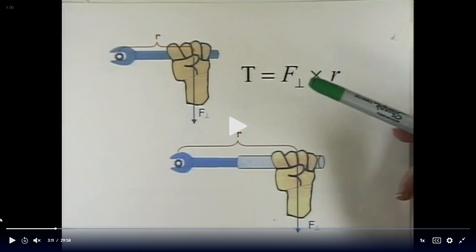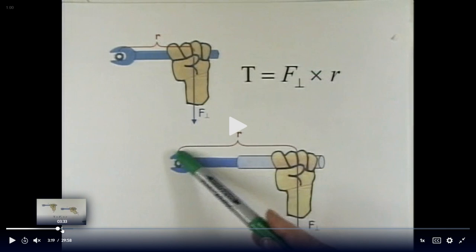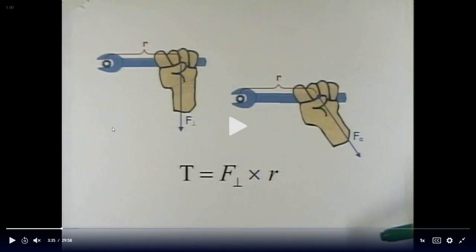So this asks, you're applying the same force on the object here. You're applying the same force, but the second one has a longer lever arm, so you're going to be able to provide more torque. In this scenario, if you apply the same force, but this one is applied at an angle, which one provides a greater torque? Not the angle, it's the other one.